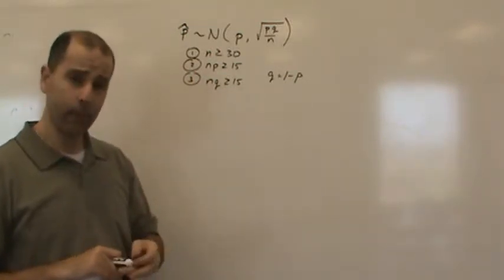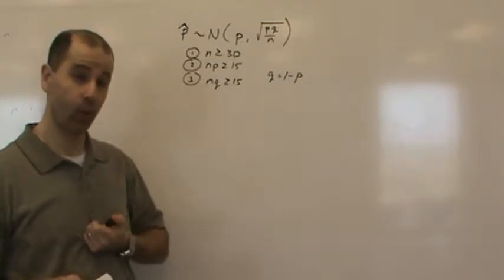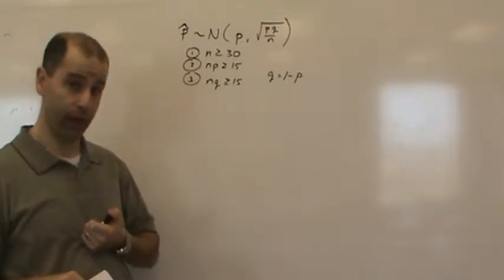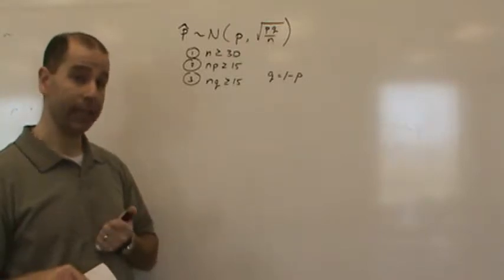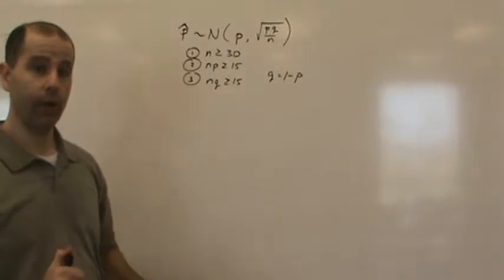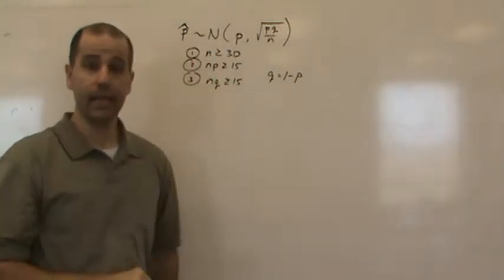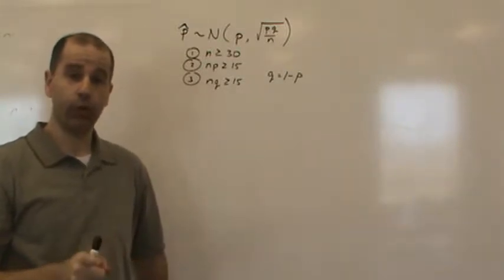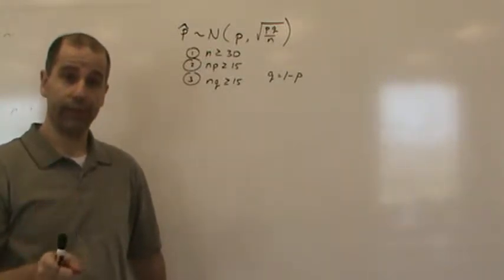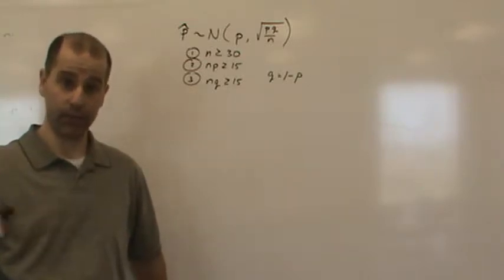But what if p is not 0.5? What if it's significantly bigger or smaller than 0.5? In other words, what if p is close to 1 or really close to 0? Well, then you need a bigger sample size in order to make sure that the distribution of p hat is going to be bell-shaped and symmetric.